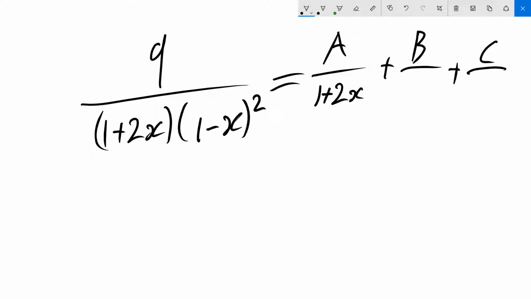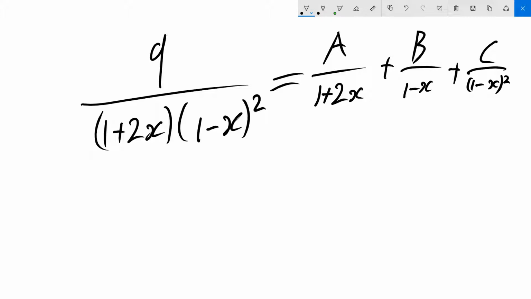Then we're going to do 1 minus x, and then we're going to do 1 minus x squared. So that's how I order it, but it can be whatever order you want as long as it's still the same fraction and format.